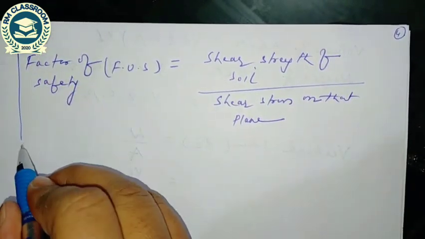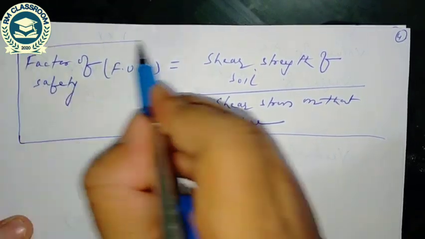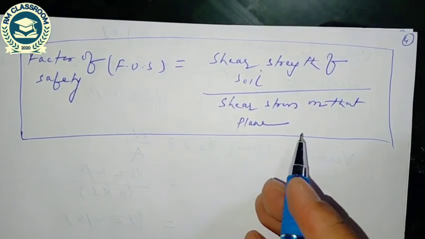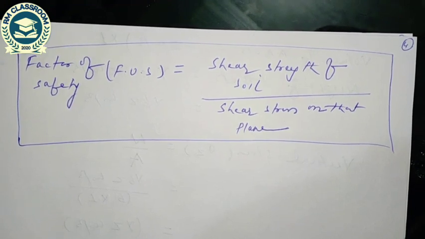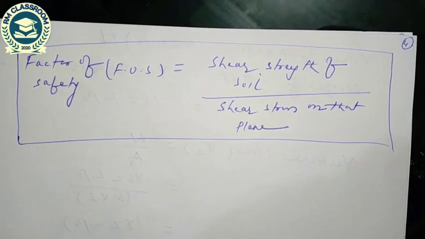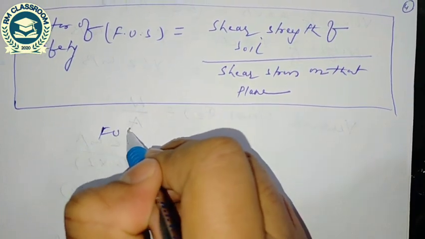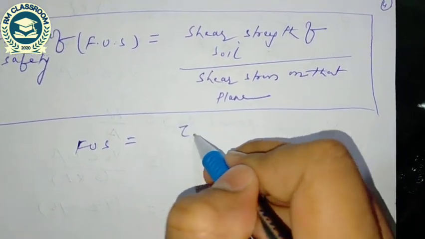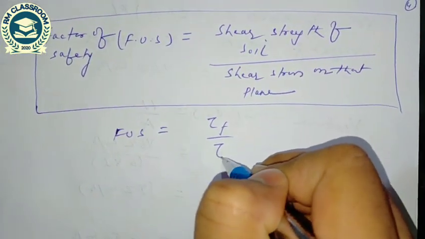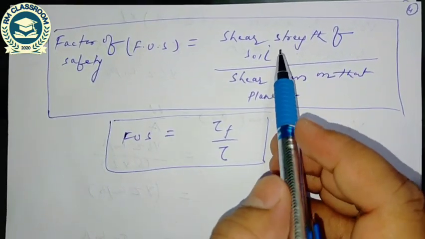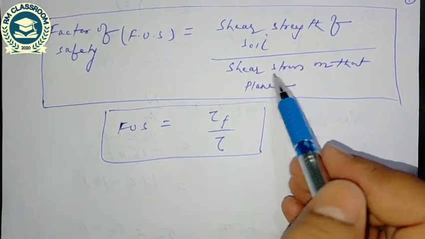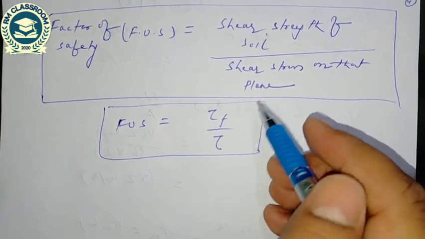Factor of safety can be computed by shear strength of soil by shear stress on that plane. So FOS can be written as tau F by tau. So I have denoted shear strength of soil is tau F and shear stress on that plane is tau.